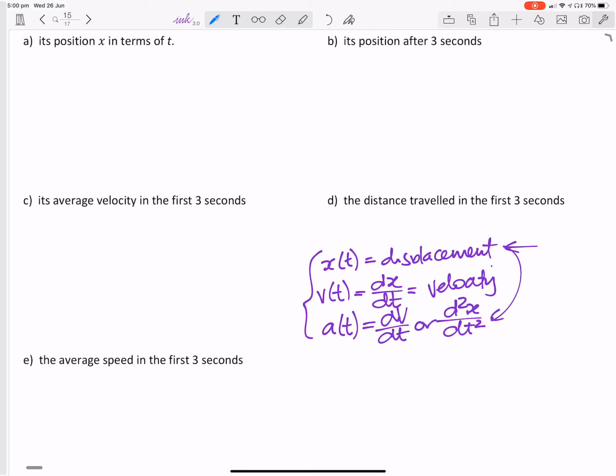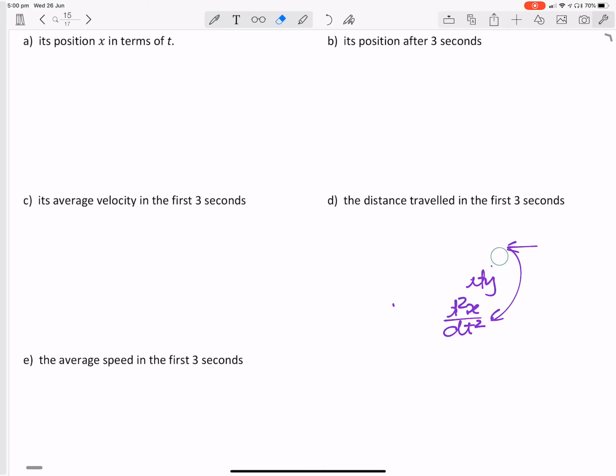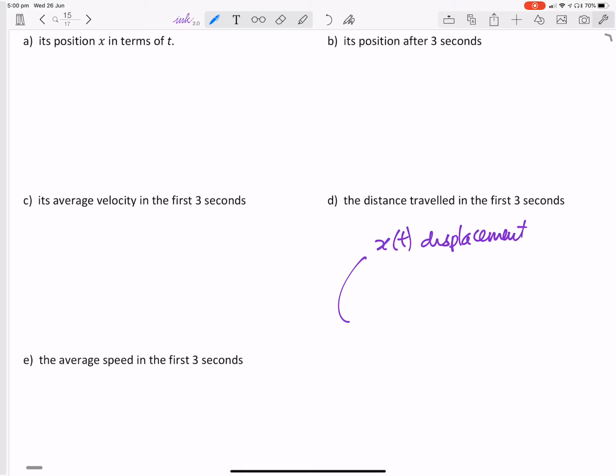I'm just going to create a little table. So x of t is displacement. If we derive that, we get v of t, which is our velocity.